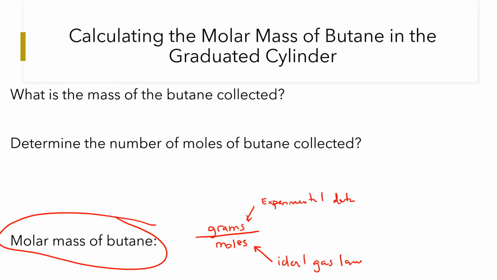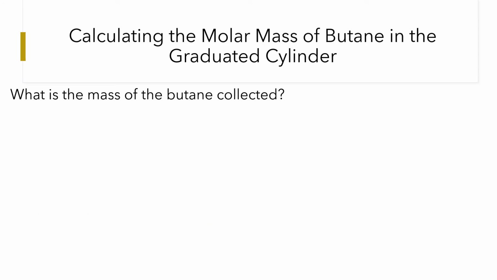Okay, so there we have it. So the mass of butane collected, that's the mass that we measured, the initial mass of the lighter and the final mass of the lighter. So I'm going to take the difference between the two. So we had the initial mass minus the final mass in order to get a positive number because we were decreasing it. So our initial mass was 21 grams minus 20 grams, and that got me 1 gram of the butane.